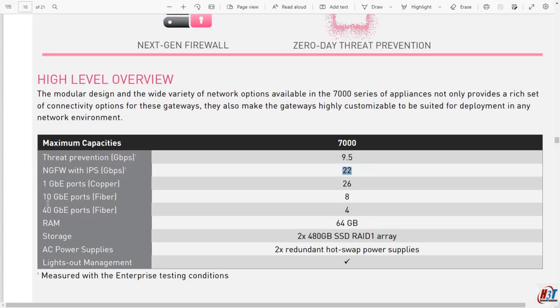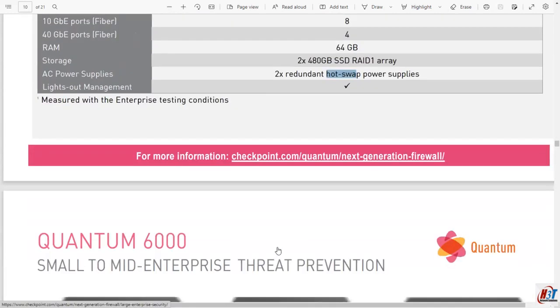You get 10 GB fiber ports, 8 of them, and if you want 40 GB Ethernet fiber ports, you get 4 of them. RAM is limited to 64 GB here, and the storage is similar to the above appliance, which is 2 into 480 GB SSD. And the redundant power supply, you have 2 of them, which is again hot swappable, and lights out management.